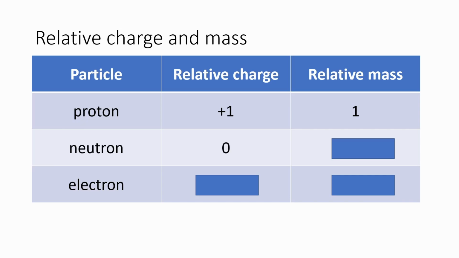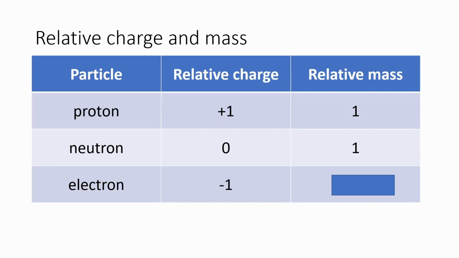Neutrons, they are neutral, so they have a relative charge of nil, of 0, but they have a relative mass of 1. So in terms of mass, you could also say size. Protons and neutrons have the same mass, they are the same size.